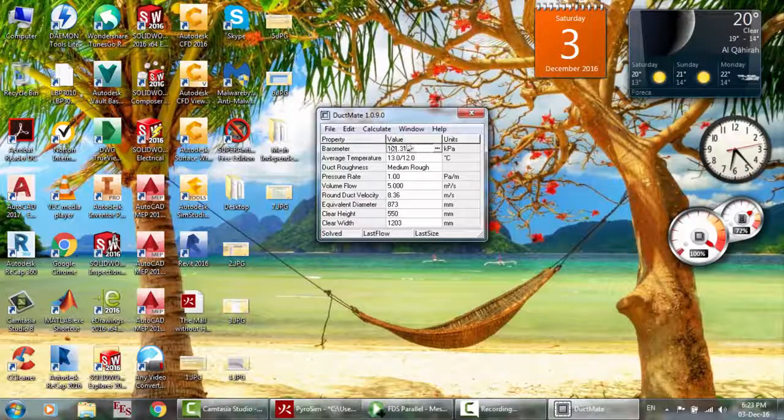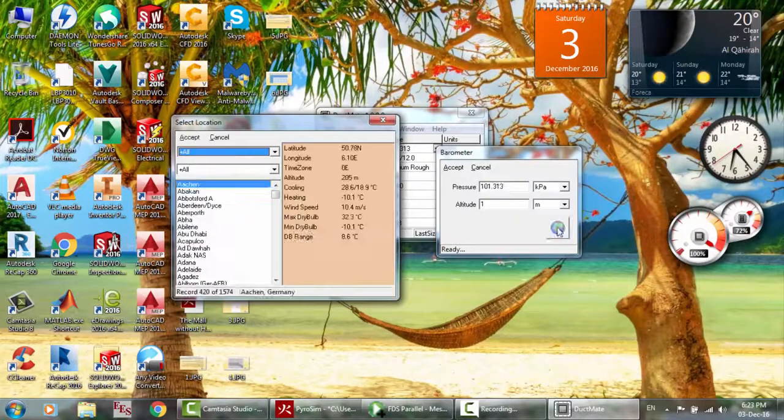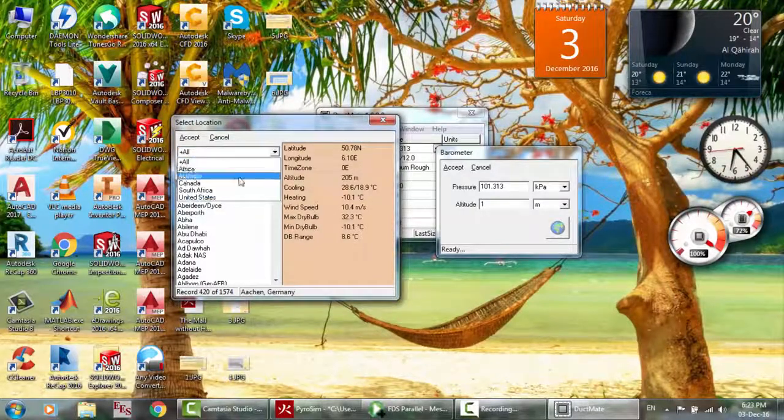Okay, ladies and gentlemen, this program takes into account the pressure or the head. Here the pressure and the altitude, because they affect the density of the air, so the design of the ducts will be affected. Click on this to locate your location.